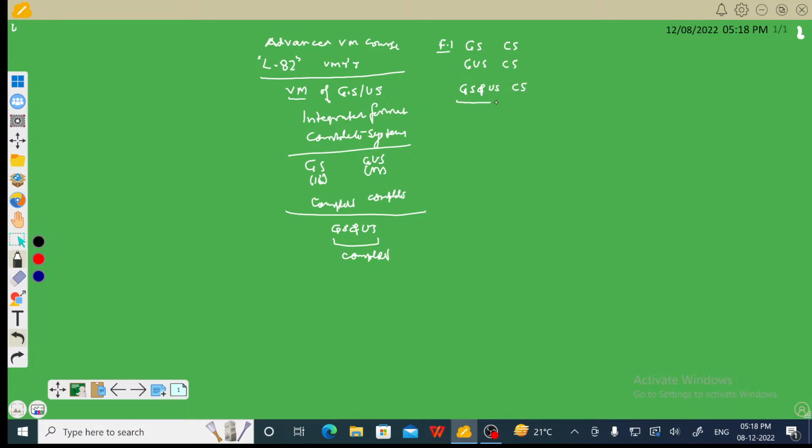The second feature is that Ganita Sutras make a learning steps system, while Ganita Upsutras make a teaching steps sequence.